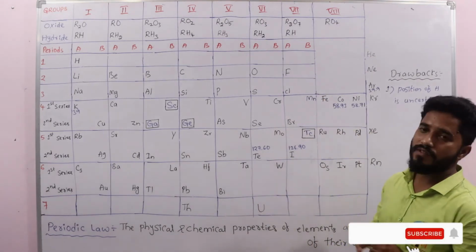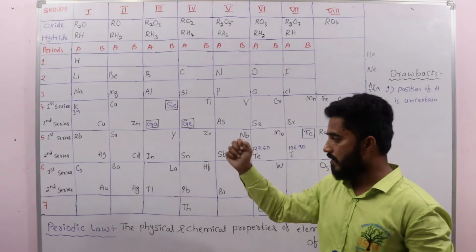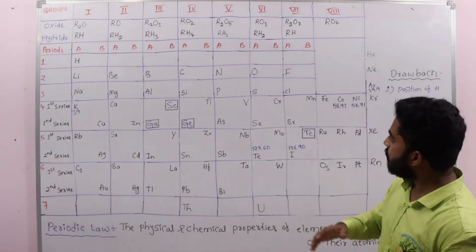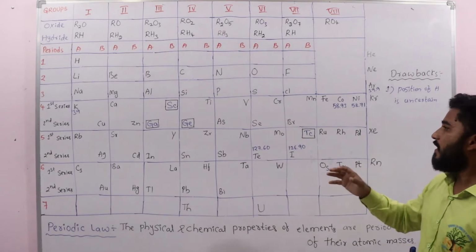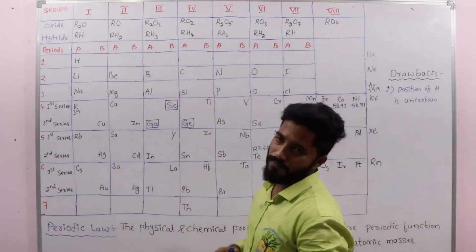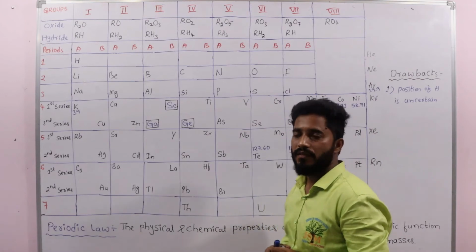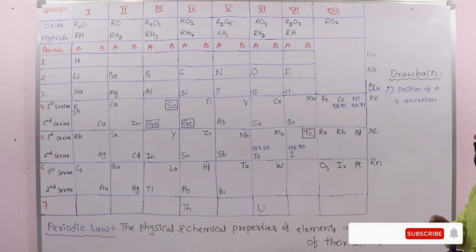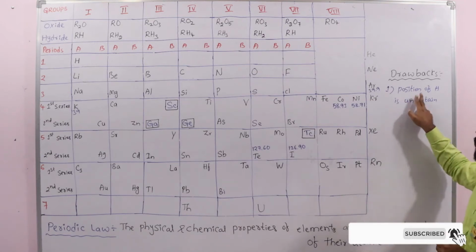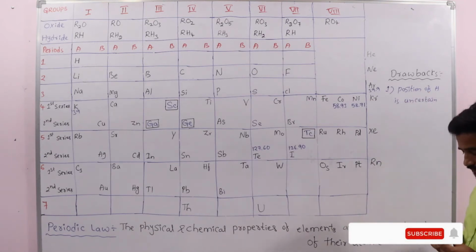Hydrogen shows similar properties to lithium, sodium, potassium, rubidium and cesium, as well as to fluorine, chlorine, bromine and iodine. But it is placed in the first group. The reason was not explained by Mendeleev. That is why the position of hydrogen is uncertain.